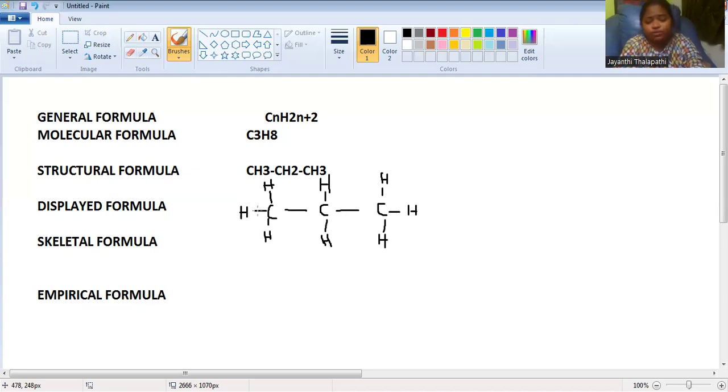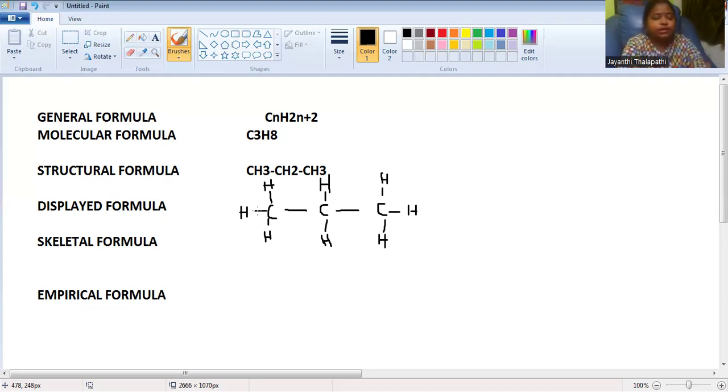One thing you can keep in mind, however lengthy it is, like pentane, 5 carbon atoms: the first and last carbon atom will always be CH3, and in between the 3 carbon atoms you can write CH2, CH2, CH2, if there is no branch.